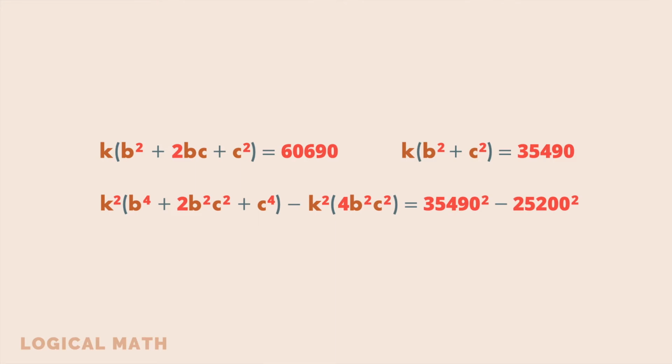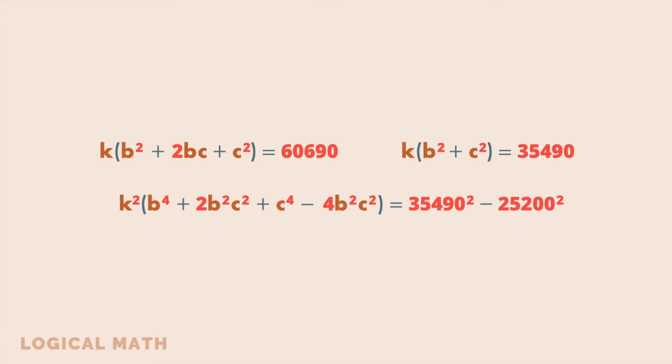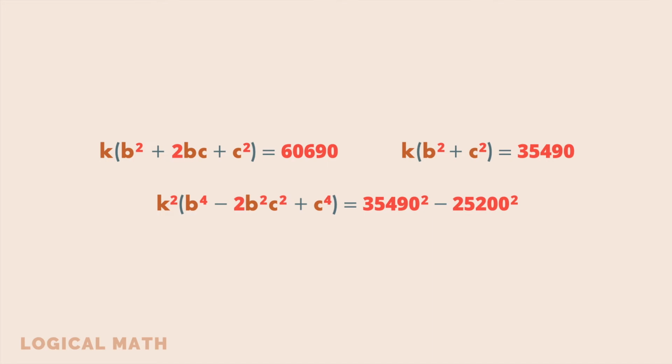On the left side of the expression, we can take K squared factor outside the parentheses and group B squared and C squared terms. If you look carefully at the expression in the parentheses, you may notice that it is the square of the difference of B squared and C squared. Therefore, we can replace it with (B squared minus C squared) to the second power.